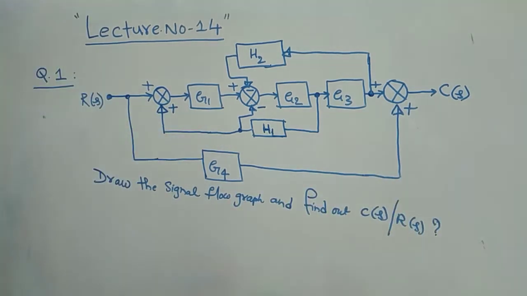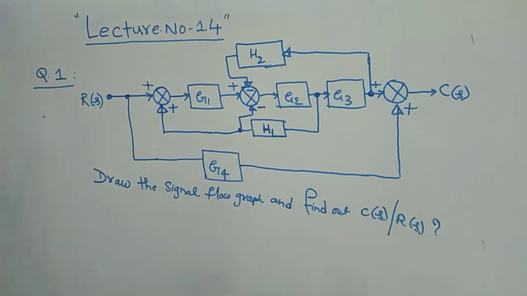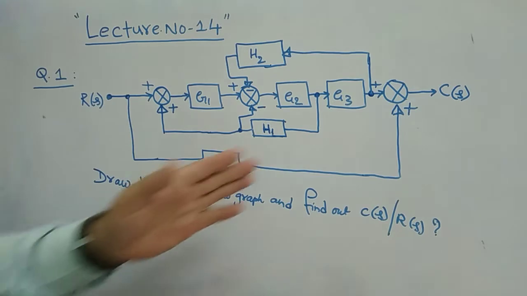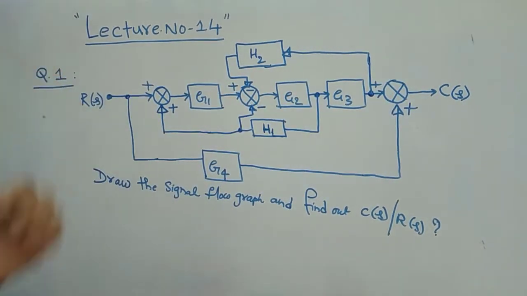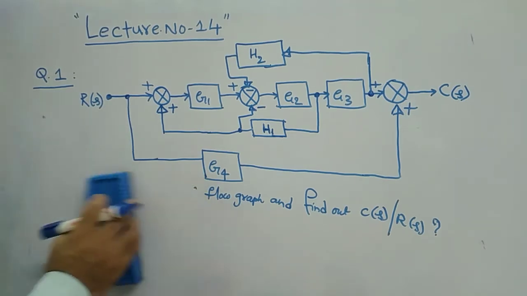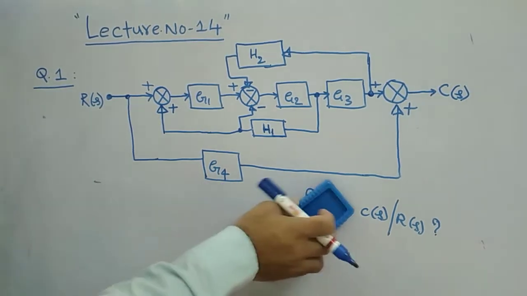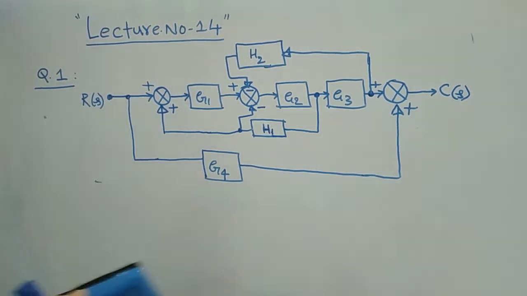For this you need to draw the signal flow graph first, and then we see what is the ratio of C of S by R of S, which is nothing but our required transfer function. So let us go for the solution part.